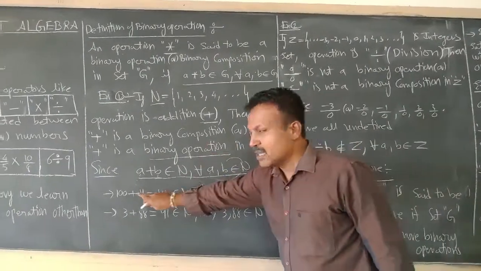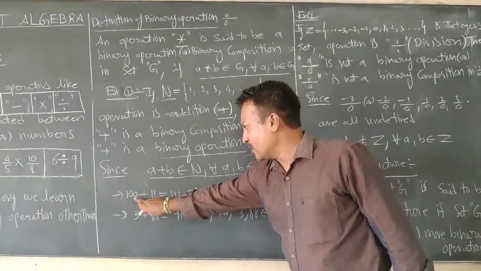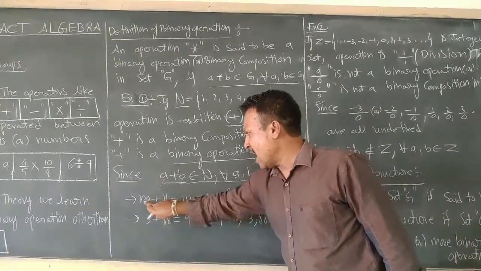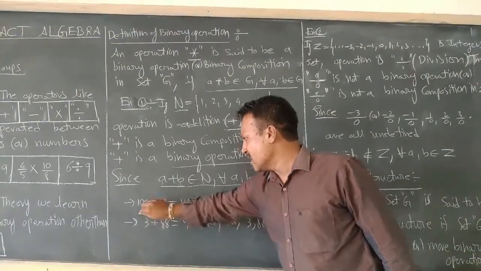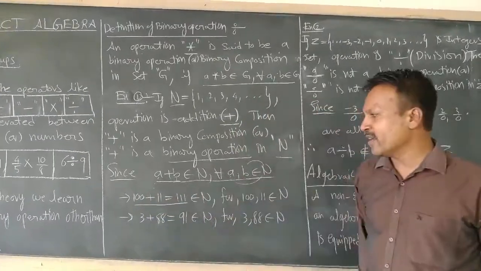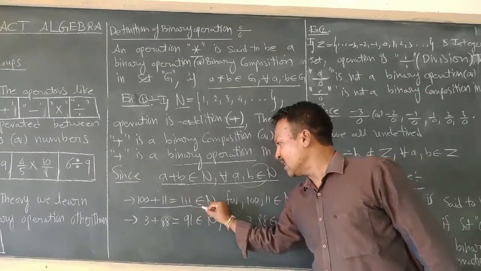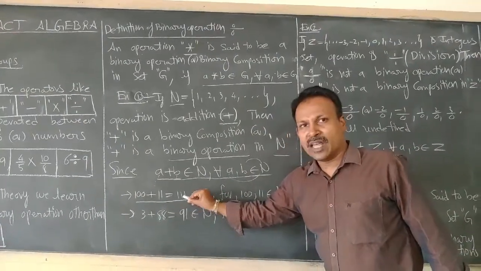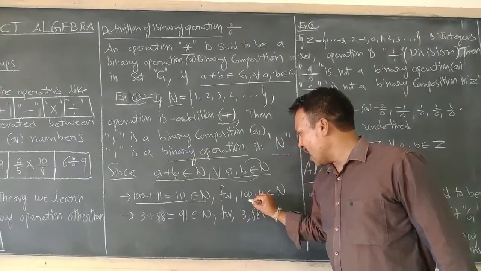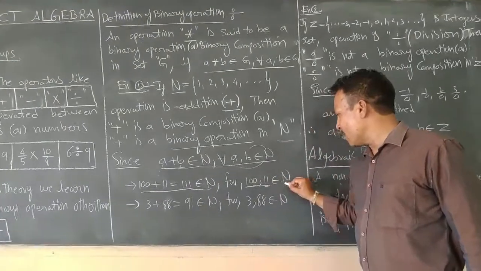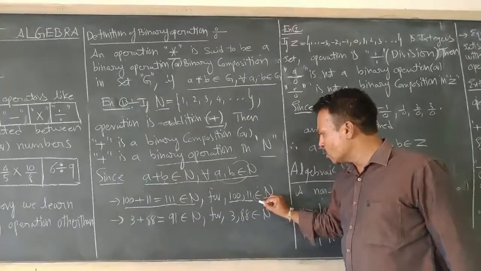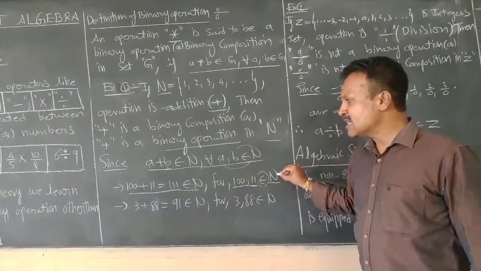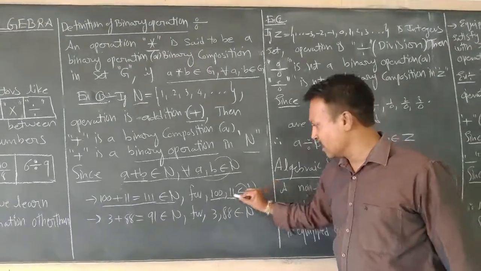If I go for an example, I have taken 100 instead of A, 11 instead of B, and I have added 100 with 11. The answer is 111. And if we see clearly in set of natural numbers, we can find 111. So 100 comma 11, which are present in N, this belongs symbol says that these two numbers are present in set of natural numbers.